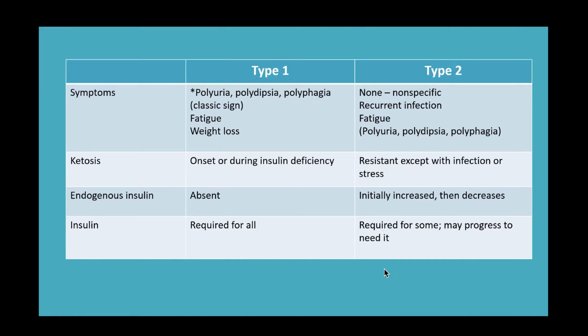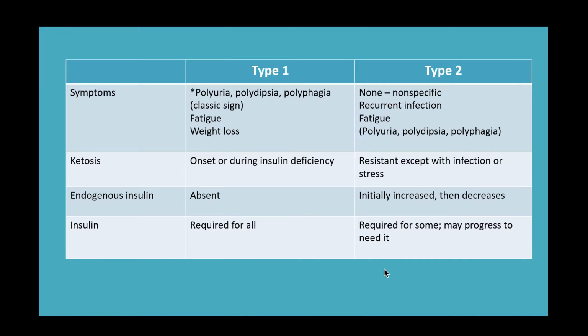It is more common to see ketosis, again, breakdown of fats and muscle, in type 1. They're not able to use glucose, so we see them start to break down fat and protein for metabolism, causing proteinuria and ketosis. And we will see this as almost a diagnostic tool.